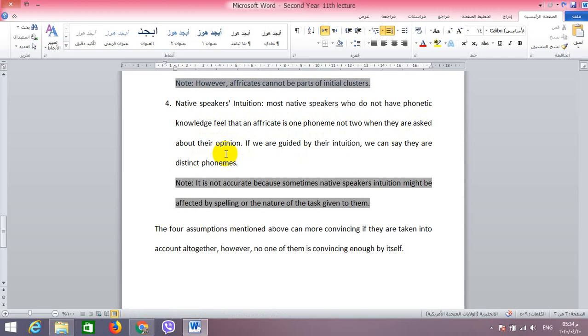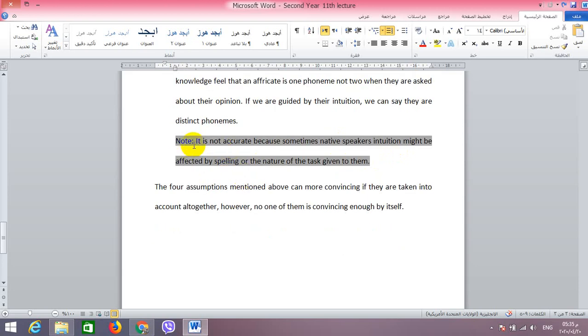When you ask a native speaker about his or her opinion about affricates, most of them will say, okay, they are one phoneme. So if we are guided by their intuition, we can say that ch and j are two distinct phonemes. Each one of them is a phoneme by itself, not a combination of two phonemes. But here also we have a problem.